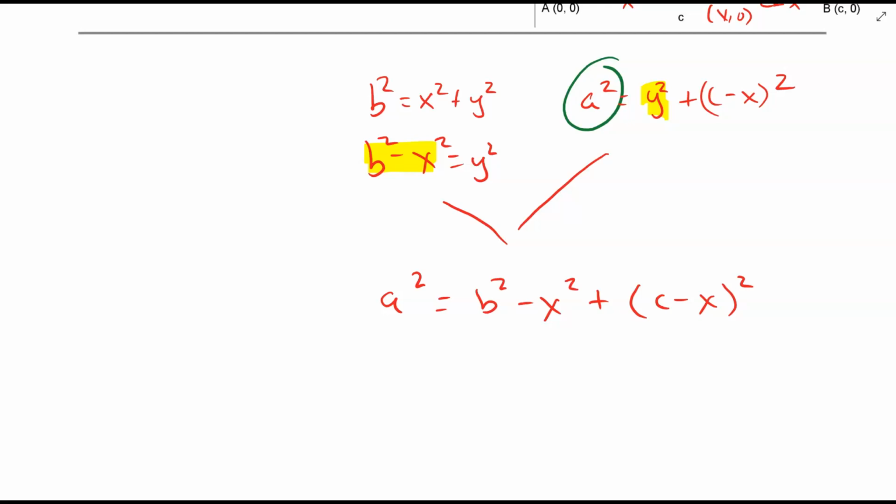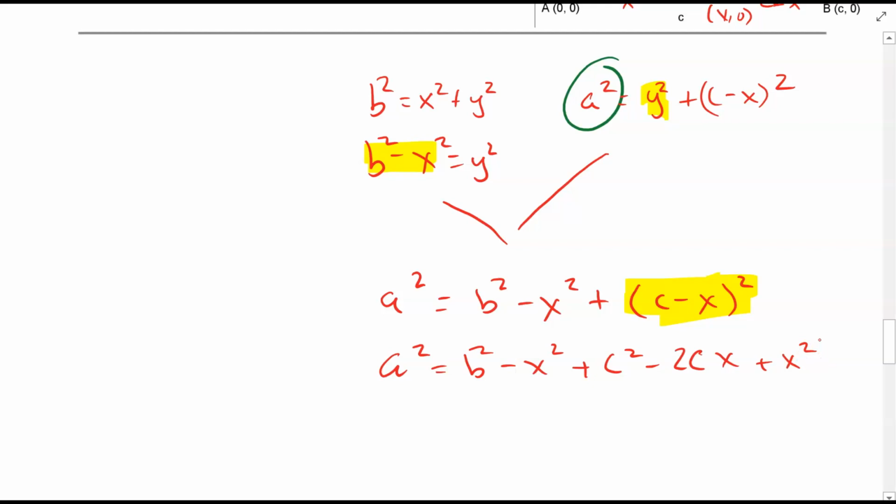Ben? Yeah. So let's expand that out. To expand that out, we have to FOIL though, right? Everybody's good there?